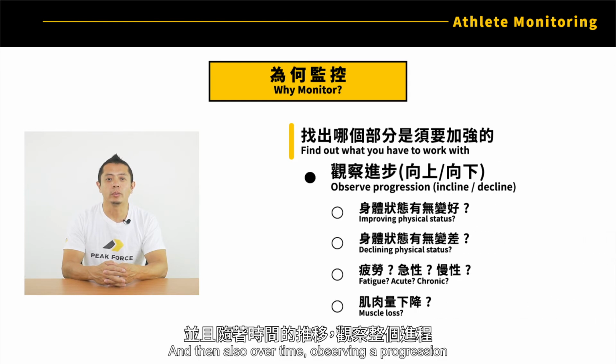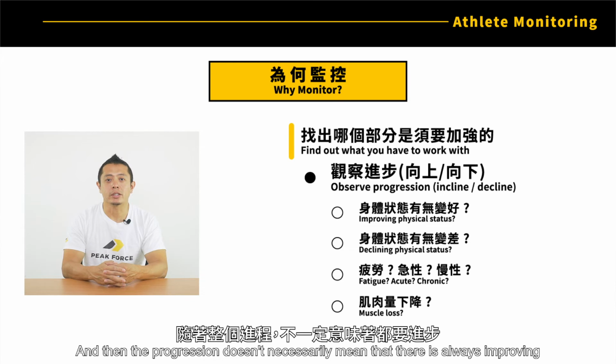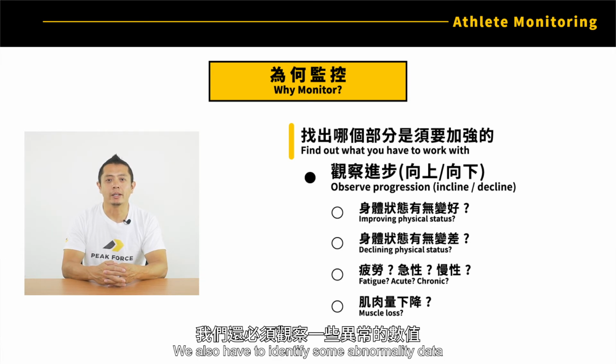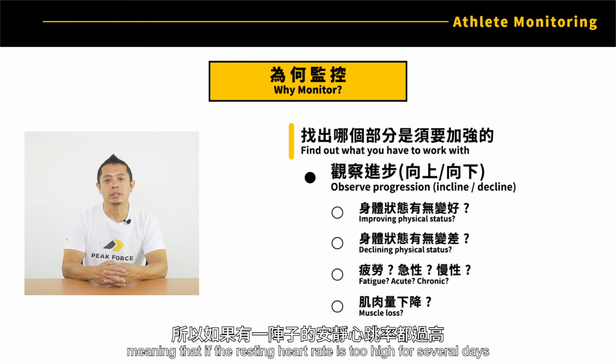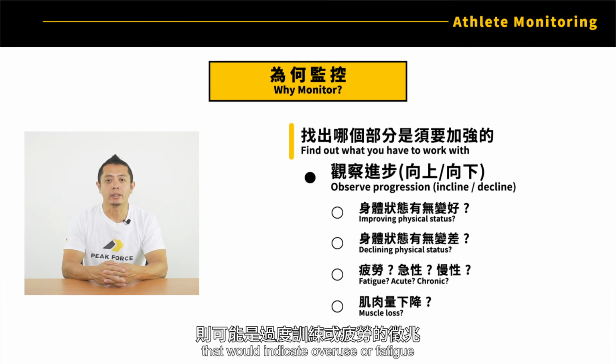And then also over time, observing a progression. The progression doesn't necessarily mean that it's always improving. We also have to identify some abnormal data, meaning that if the resting heart rate is too high on several days, that would indicate overuse or fatigue.